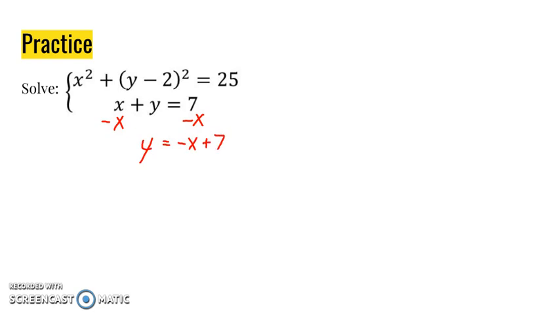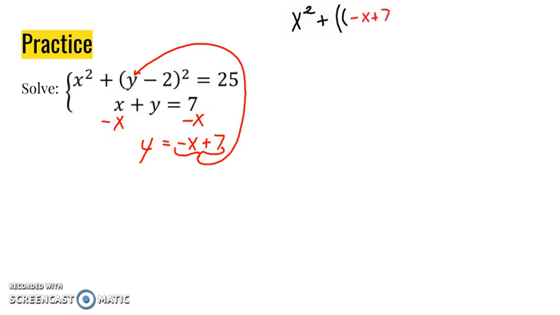Okay, so I've got y equals negative x plus 7, and I need to substitute that in for y in my equation. So when I do that, I've got x squared plus, and then in parentheses, instead of a y, I've got negative x plus 7, minus 2, squared equals 25.